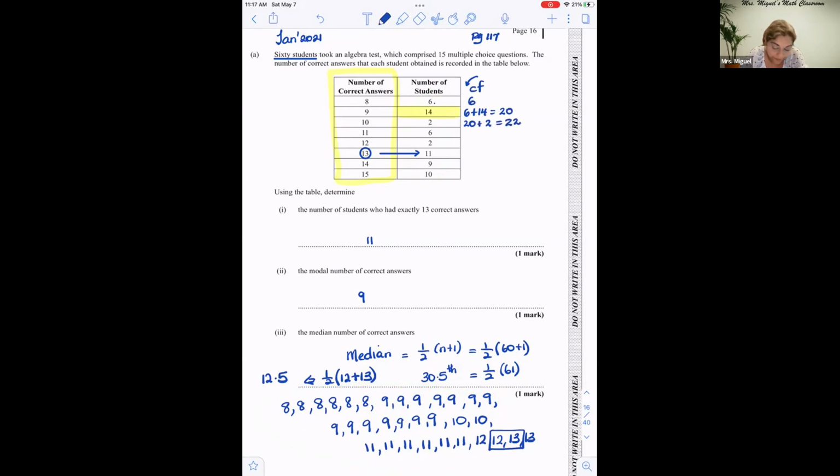We keep going. 22 plus 6, 28. We keep going. 28 plus 2, this is 30. So we need the 30th value and the 31st value. So therefore, we add 12 and 13 and divide it by 2. So whichever method you prefer, you can take it out.